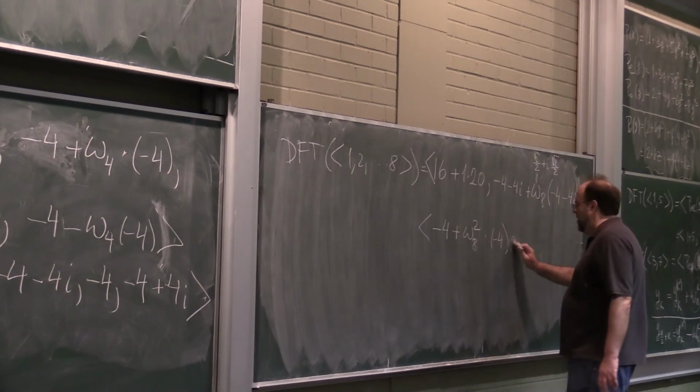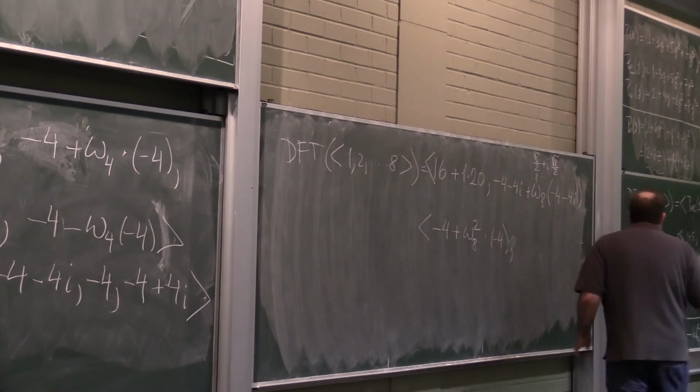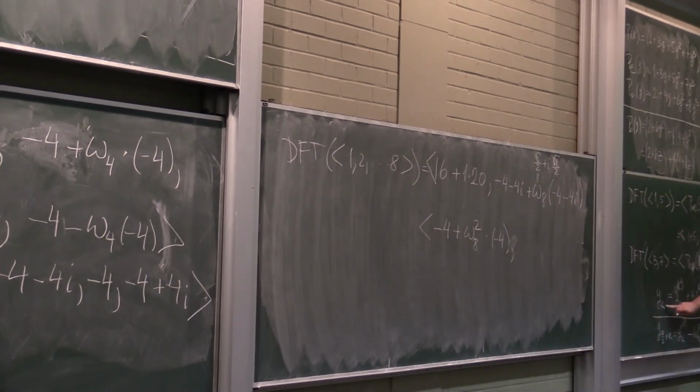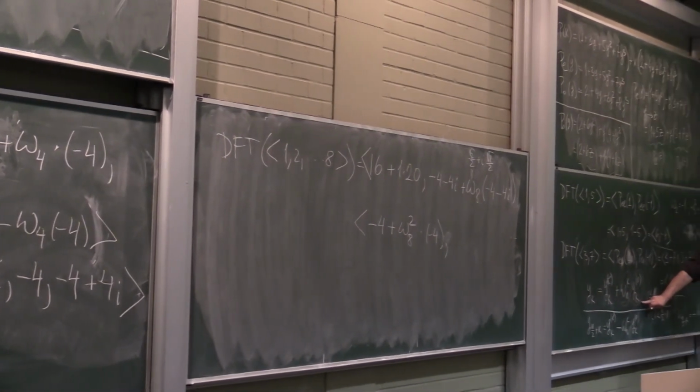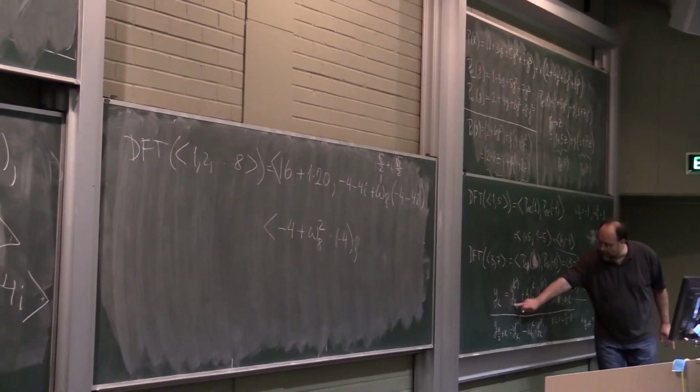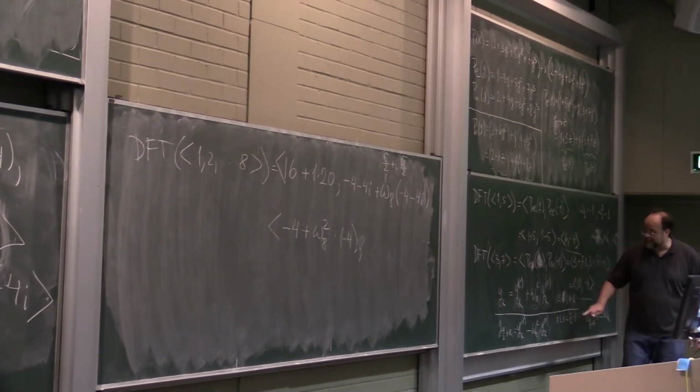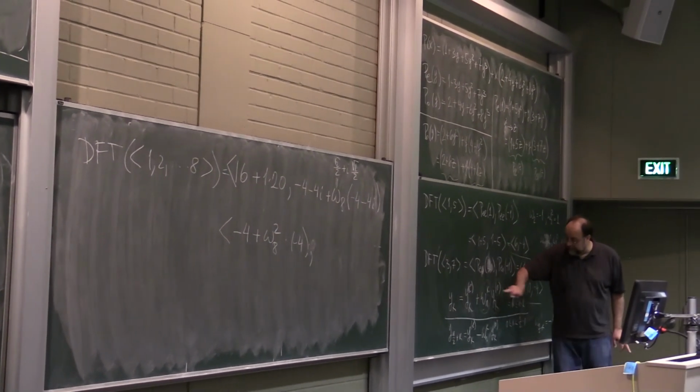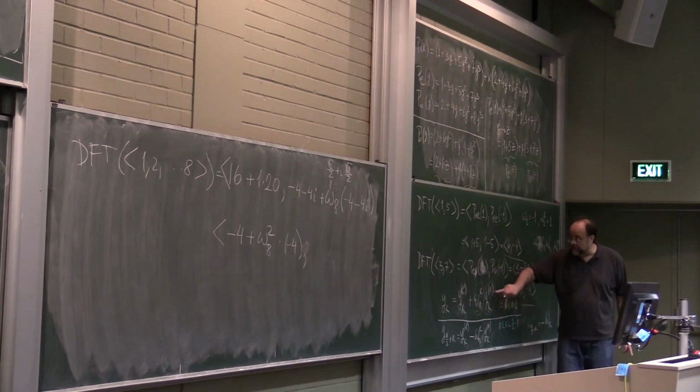And so the formula is always this: kth component of the even part, plus omega n to the kth power times the kth component of the odd part.